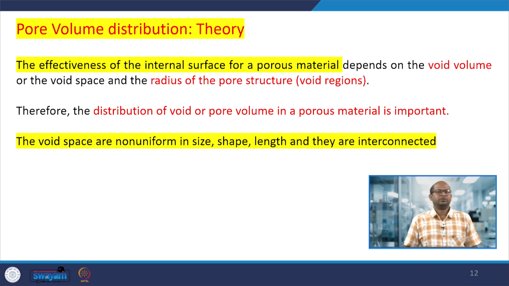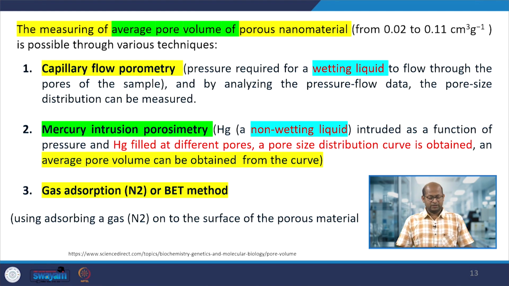So next there is a little theory also, for pore volume distributions of porous materials. First, capillary flow porometry, by using wetting liquids like water we can use these methods. That way also we can find out average pore volumes of those porous materials. And the second one is the mercury intrusion porosimetry method.